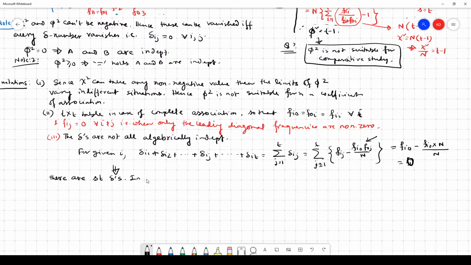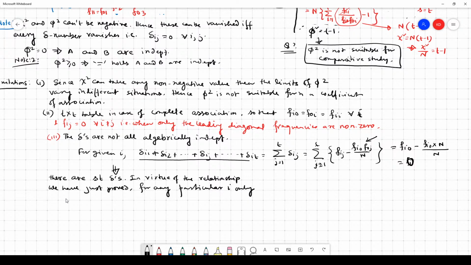In virtue of above, we have just proved that this sum equal to 0 for any particular i, only t minus 1 of the t quantities, the fi delta ij are independent.